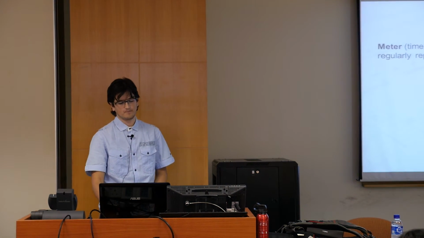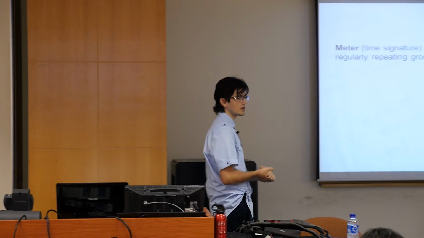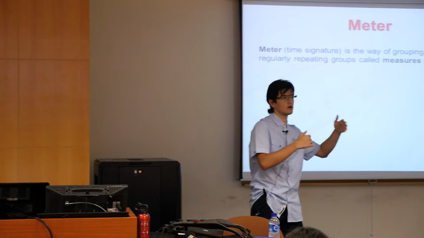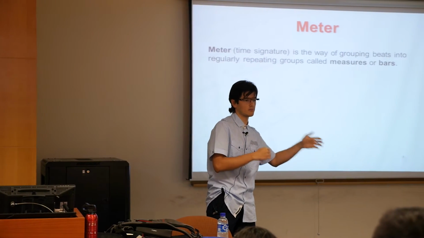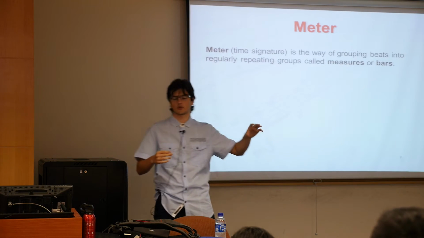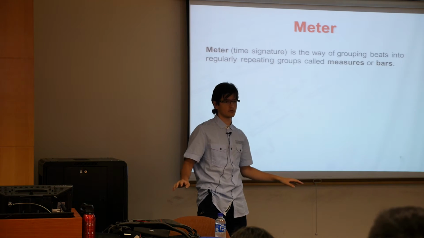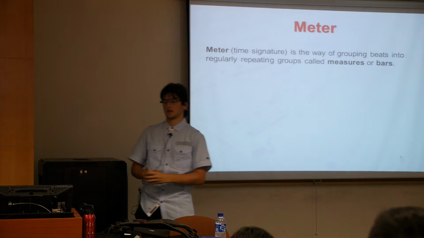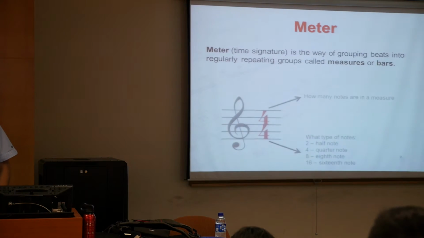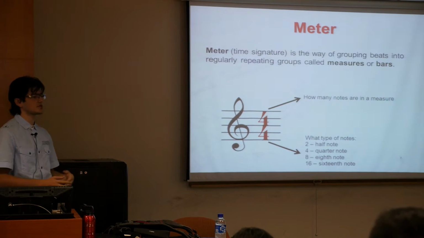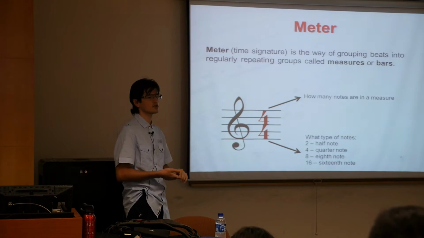Now, what is meter? Meter is just grouping the beats into repetitive groups called measures, okay? Measures or bars. This comes from the score. I won't be talking today about the score because we are not interested in the score in sound and music computing, right? So, the meter is expressed by two numbers, okay? We say a song is in 4/4.